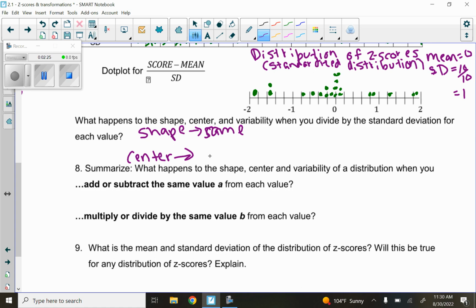So make a note, this is compared to score minus mean. So it's the same at 0.